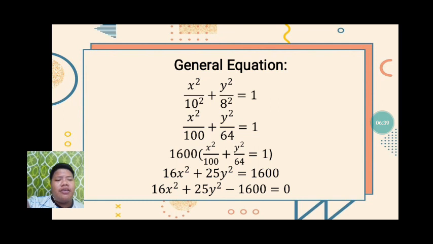Just equate this to 0 to make our general equation, and it becomes 16x squared plus 25y squared minus 1,600 is equal to 0.